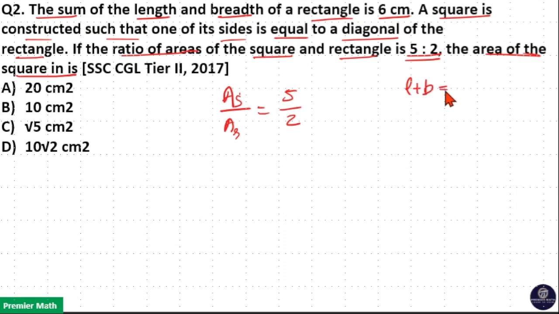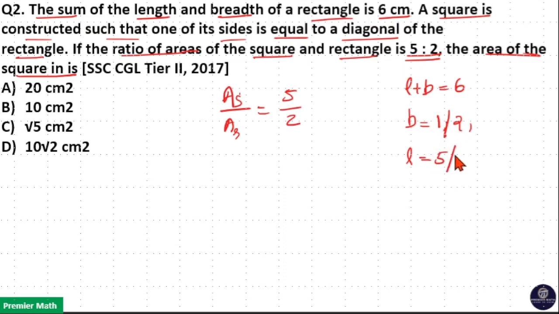So, L plus B is 6 cm, which means breadth of this rectangle can be 1 cm or 2 cm. If it is 3, that will be a square. So, if breadth is 1 or 2, then if breadth is 1 cm, length is 5 cm.